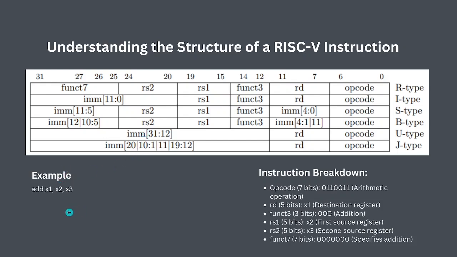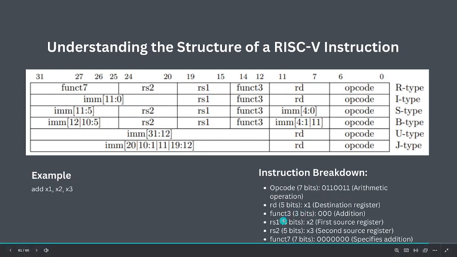The instruction we have here is add x1, x2, x3. In this case, the opcode is 0110011, which tells the CPU it's an arithmetic operation. The RD field, or the destination register, is x1, where the result will be stored.